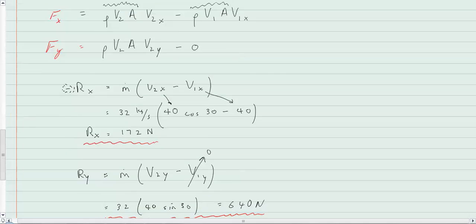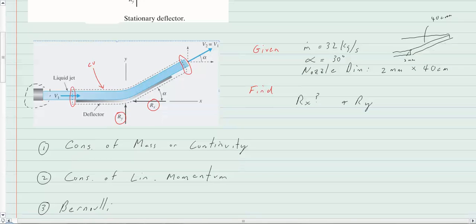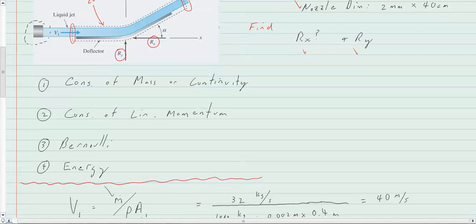And in review, let's go back up. We were given a mass flow rate, an alpha, a nozzle diameter, and, although I didn't mention at the start, that this is water. We were then asked to calculate the reaction forces, and we thought to ourselves, what tools do we have?